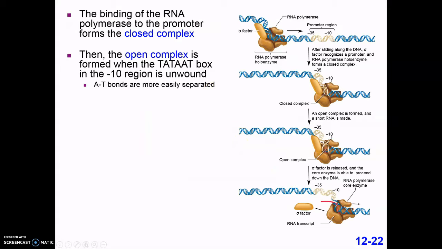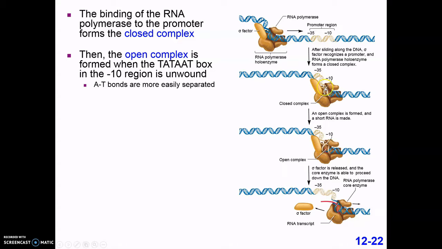The overall process of how this works, as I said, it is clamped around the DNA in a way very similar to the DNA polymerase. It'll just be moving along until the sigma factor encounters the promoter region. It will bind to the promoter region and cause it to pause.